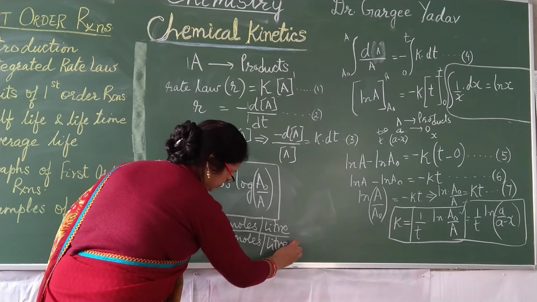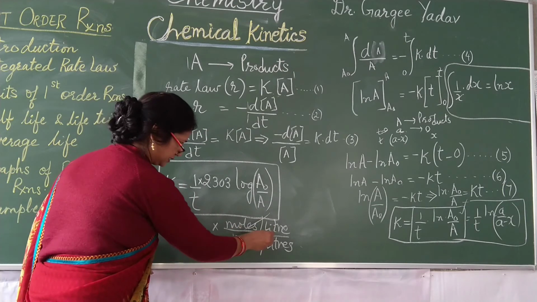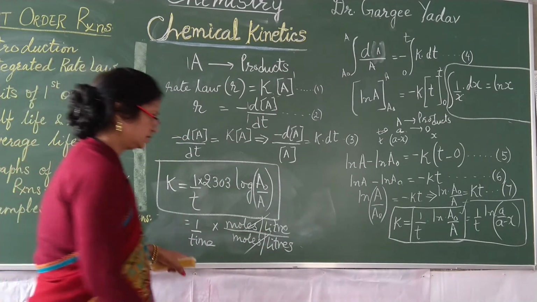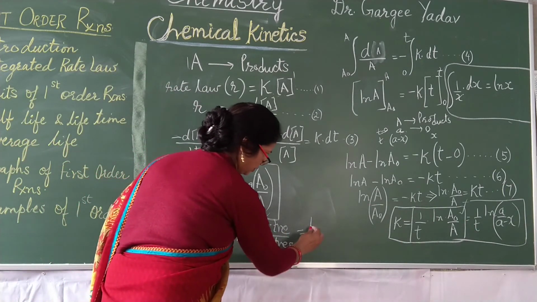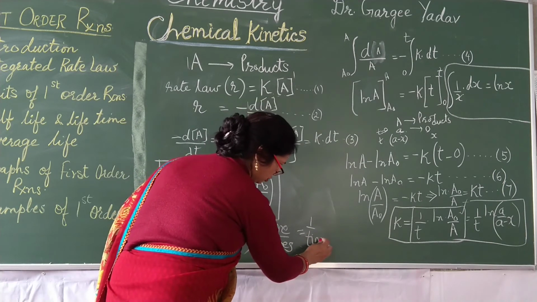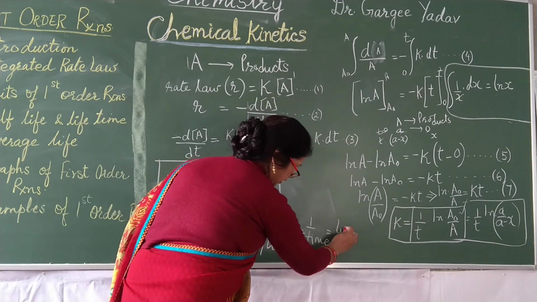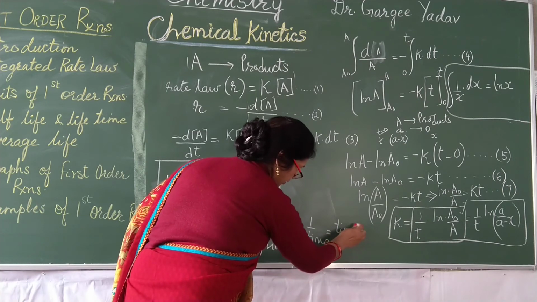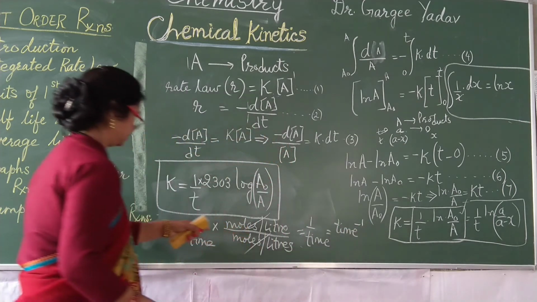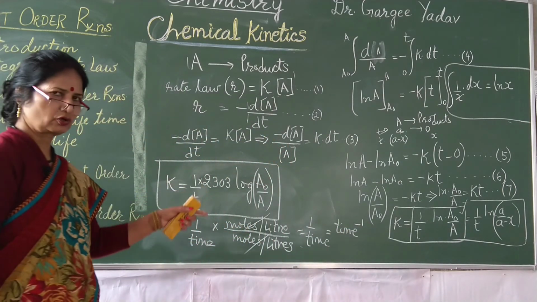So both these concentration terms get cancelled out, and what remains is 1 upon time, or we can say time inverse. So this is the unit for a first order reaction.